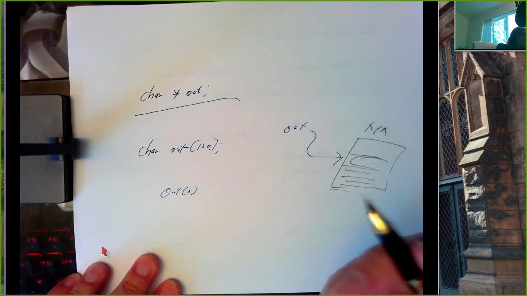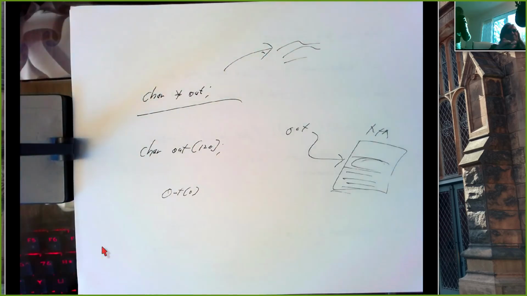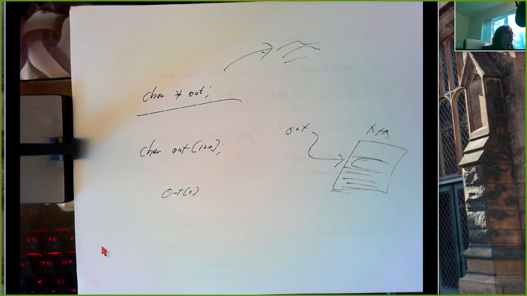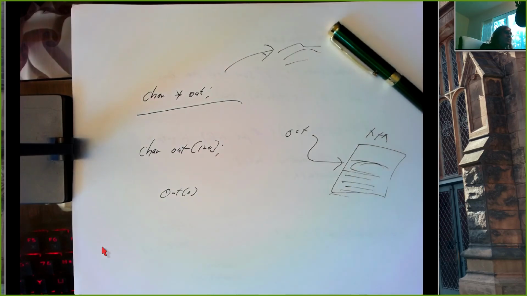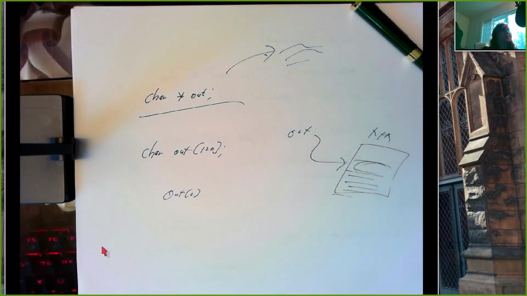If I don't do this, out is probably 0, and it's pointing to somewhere that probably doesn't exist, and so when I do out bracket 0, I just get a seg fault. So when you want to have actual space corresponding to a string, you usually have to specify the size of it, or get into malloc, which we're not going to do for now.